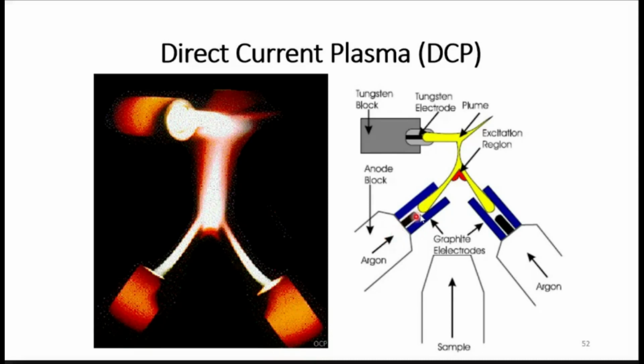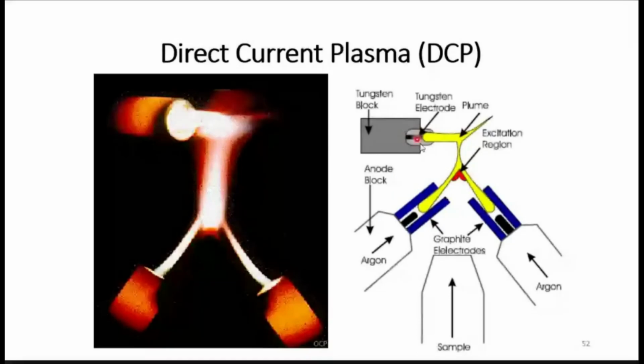From the center of it, argon is introduced. Now there is another, a tungsten electrode. This is not a graphite electrode, this is a tungsten electrode, and it is attached to a solid support of tungsten. Now when this electrode is lowered, the spark is ignited, and the argon that is coming out of the electrode gets converted due to that high potential, high electricity, into a plasma.